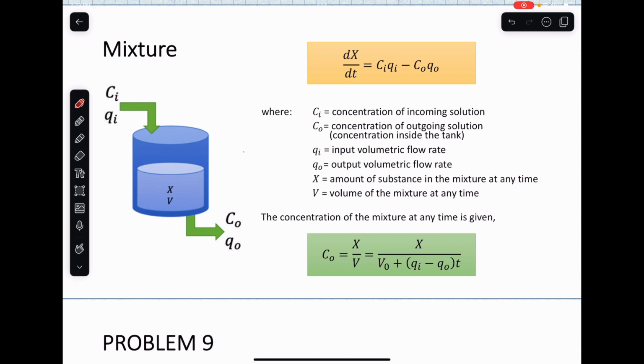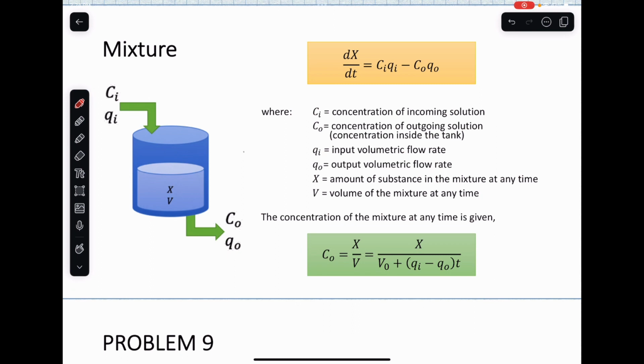At the same time, there is an output flow rate, how fast the solution is coming out. We also have the output concentration, which is variable. So the three constants here are C_I, Q_I, and Q_out. C_out is variable, it changes. The concentration inside the tank is the same as the concentration going out from the tank.